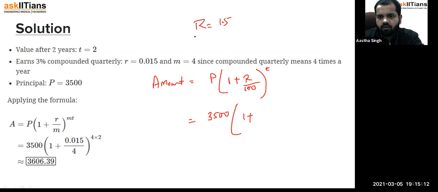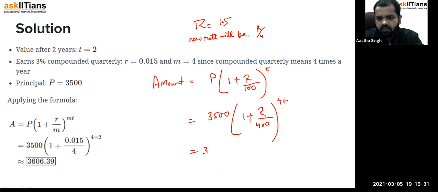But now the rate will be what? R by 4. So basically you will write R by 400. Okay. And time also becomes 4 times.